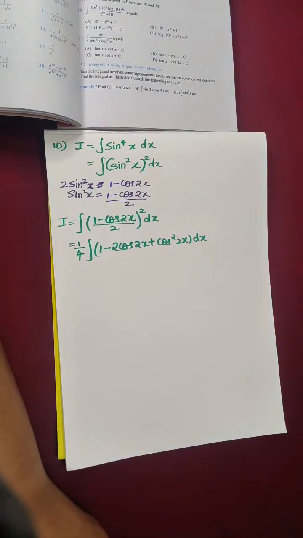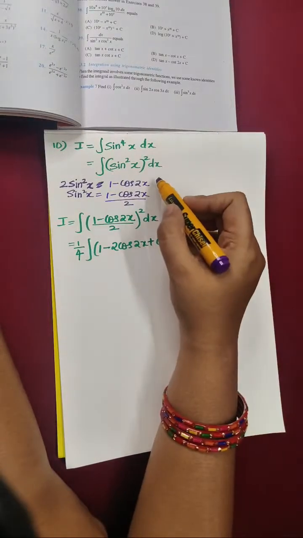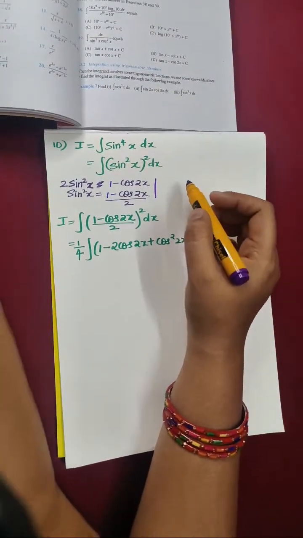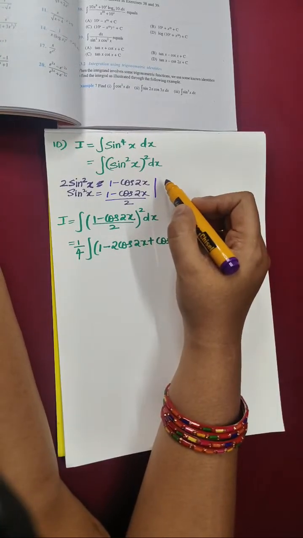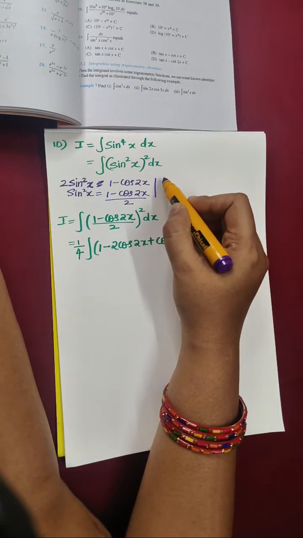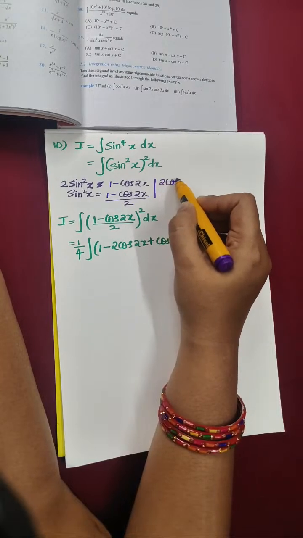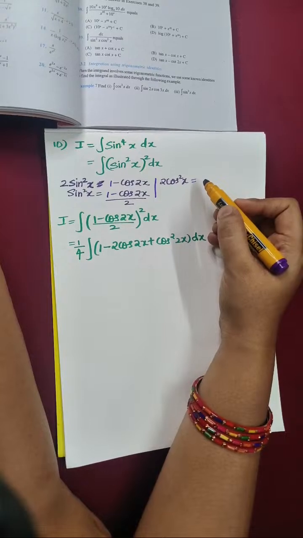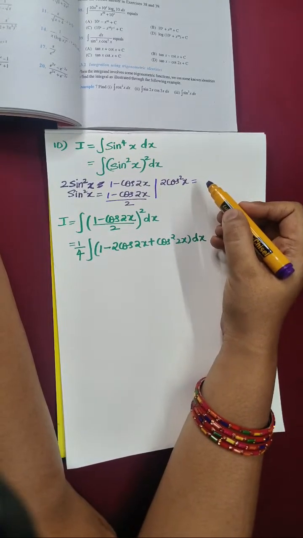And now we have to use the formula for 2 cos square x, like how we had 2 sin square x. Similarly, we have the formula that 2 cos square x equal to, what is the formula? Any guesses?